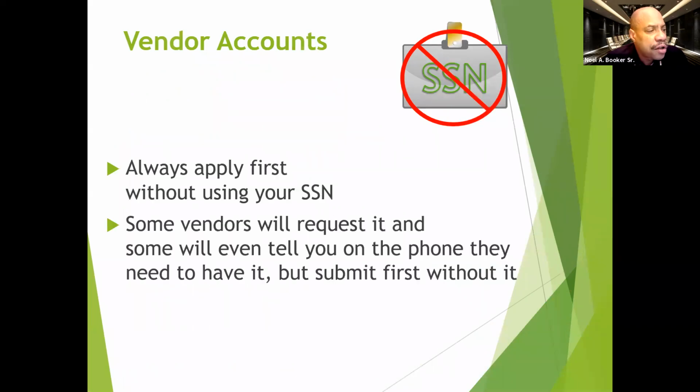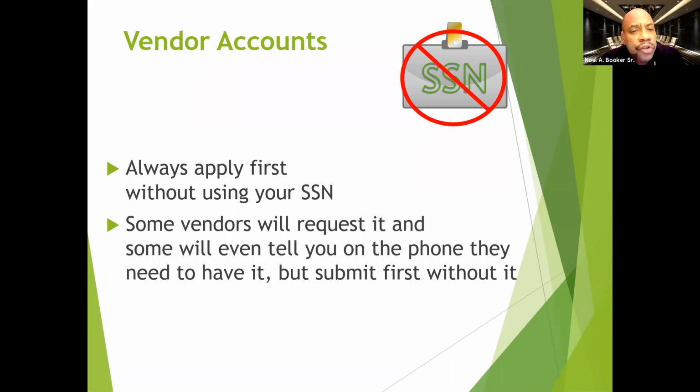Always apply first without using your social. Some vendors will request it, and some will even tell you on the phone that they need to have it. But submit first without your social. Actually, all of these vendors are going to ask for your social. You can expect that all of them are going to ask for your social.